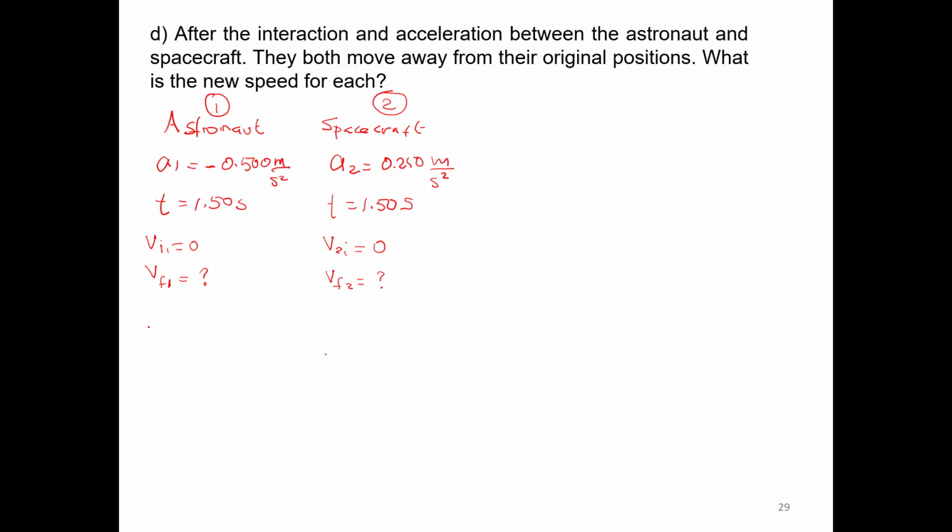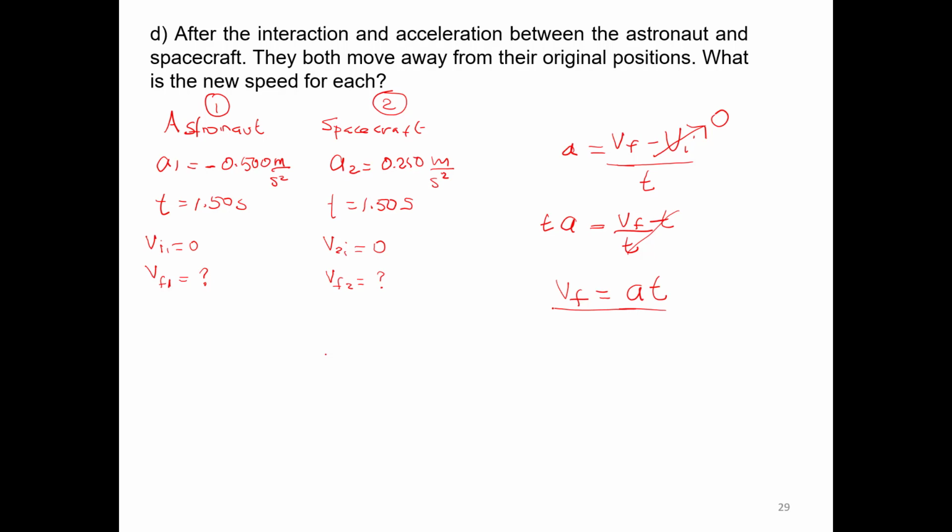With the initial velocity equal to 0, the acceleration equals the final velocity divided by the time. Multiplying by the time on both sides, the final velocity is just the acceleration multiplied by the time.